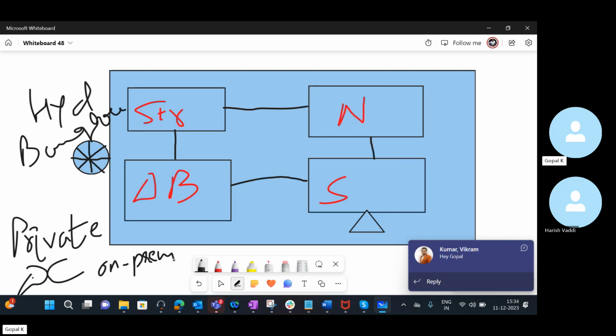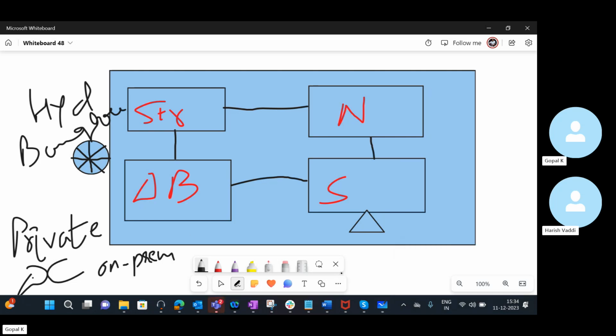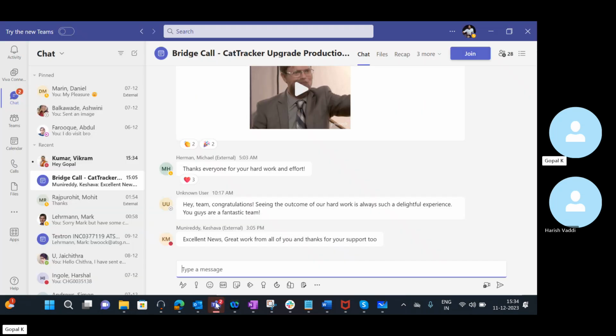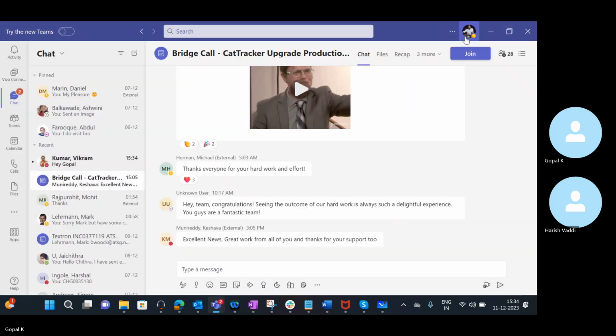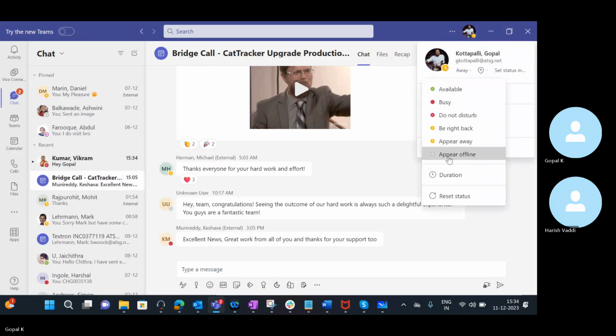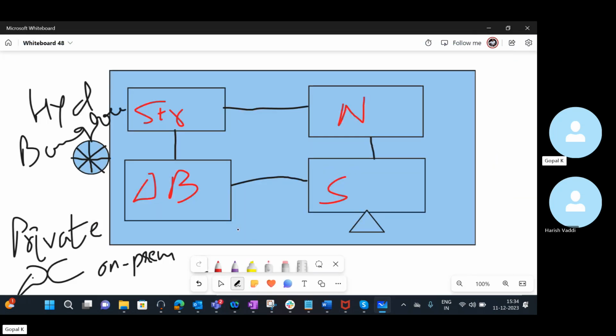But here you need manpower, you need this infrastructure, cooling, a generator for 24 by 7 power supply, space, security, everything.